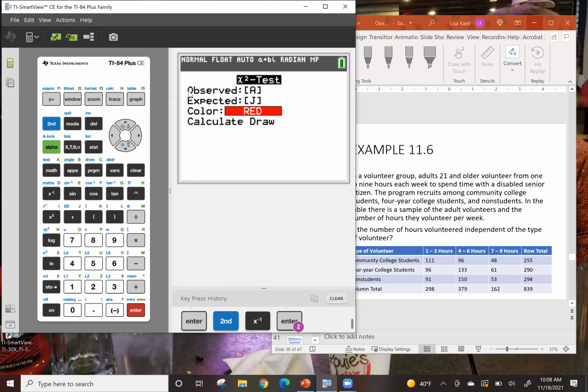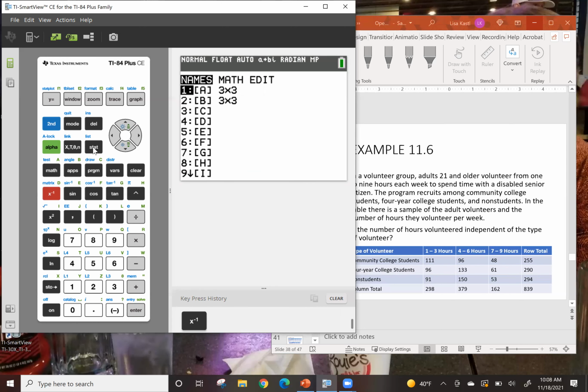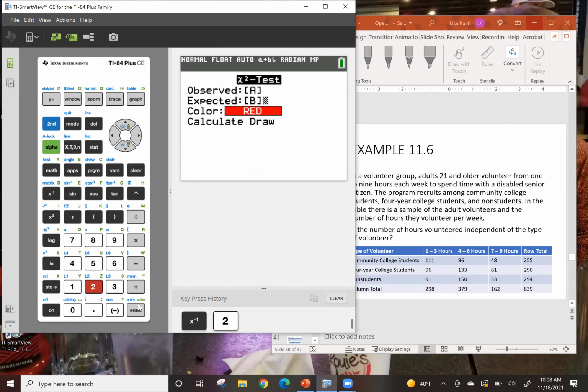I go down, the expected I put in B. So I go second matrix, number 2 is B. And now I can calculate the chi-squared test.